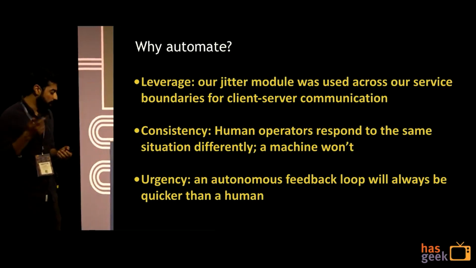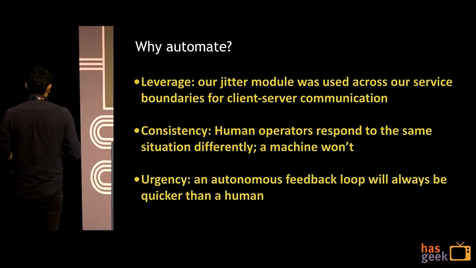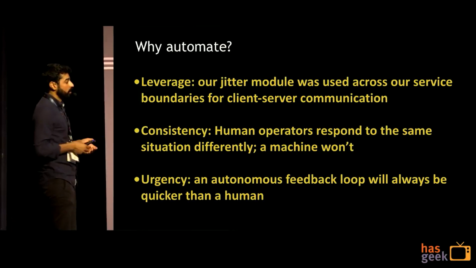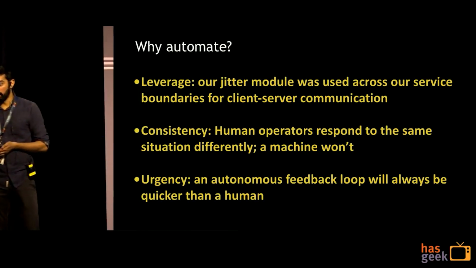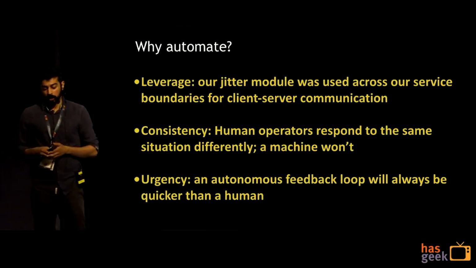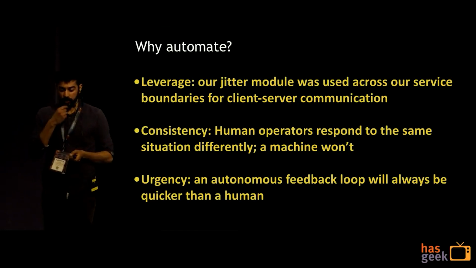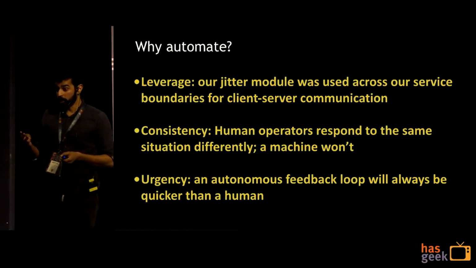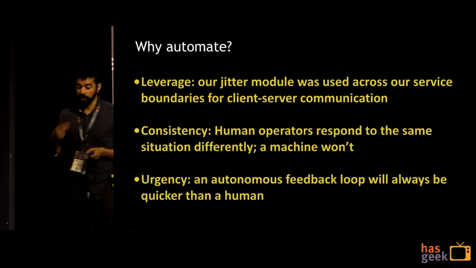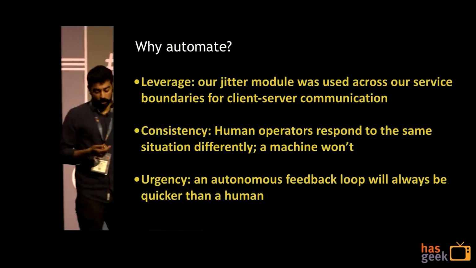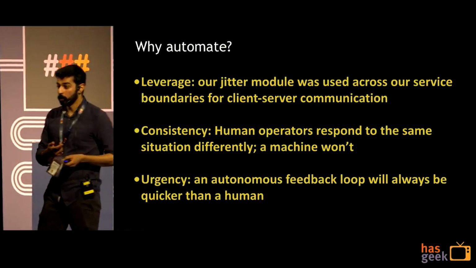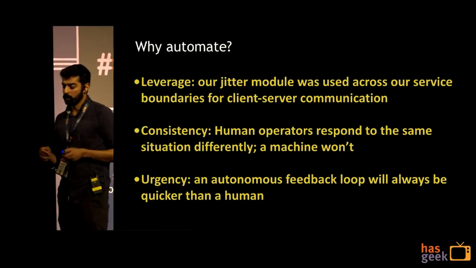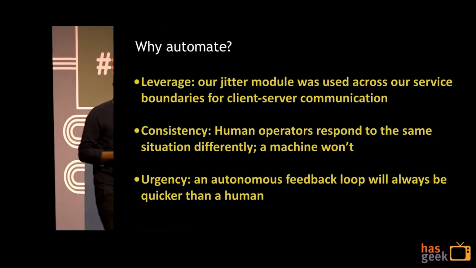So, final parting words that I'll leave you with in terms of why automation is necessary and when you can automate in a really effective fashion. These are three things that I think represent good use cases for automation. First, if you can use automation as leverage. Imagine the jitter module that we wrote for handling the client-server communication for submitting metrics.